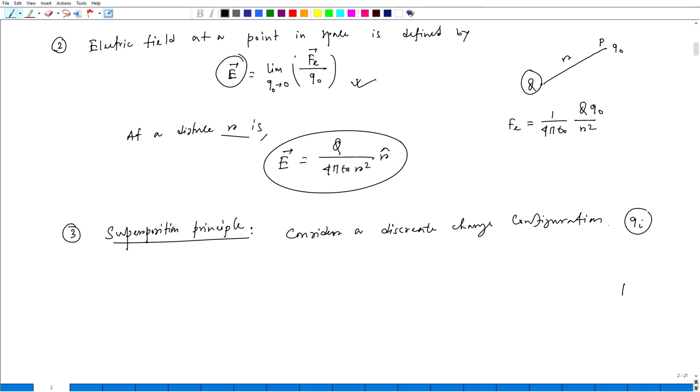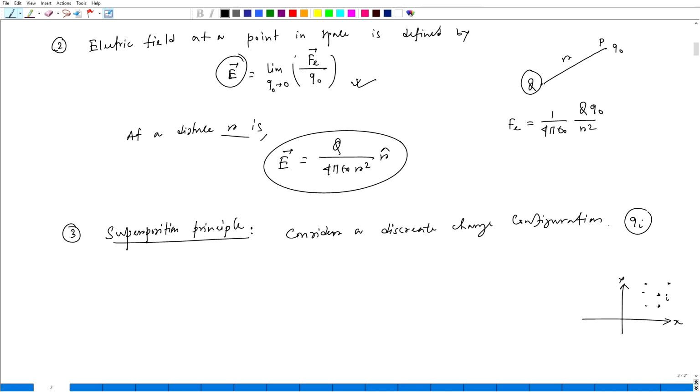Okay. So if you consider x, y, and there is some charge configuration, we label each point as i. So i means 1, 2, 3.